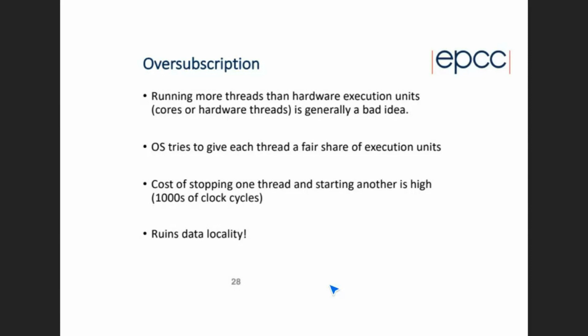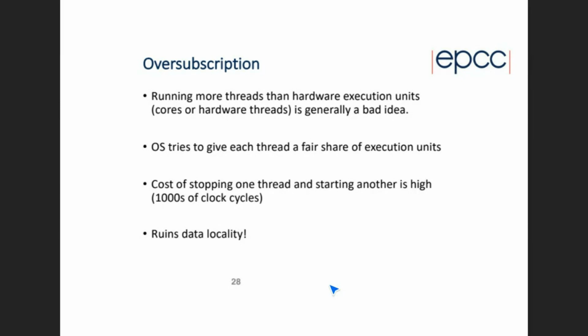The other way you can get into trouble is by going beyond what the hardware can support. So running more threads than you have hardware execution units, whether that's cores or hardware threads, is generally a bad idea.